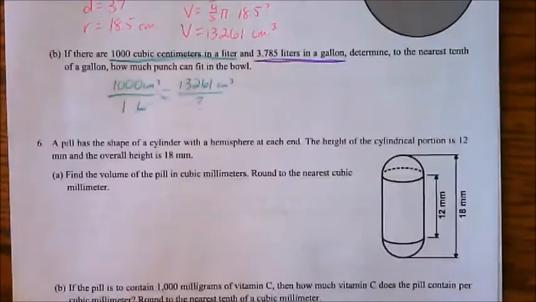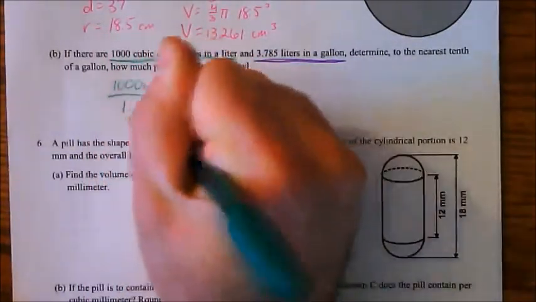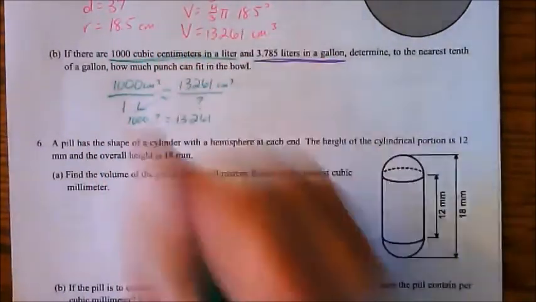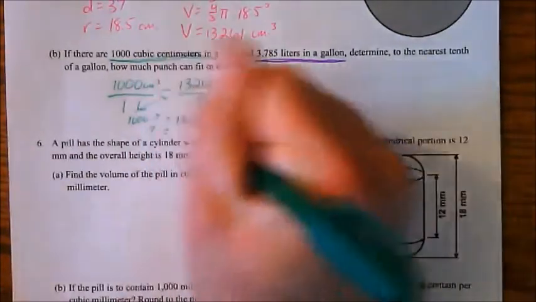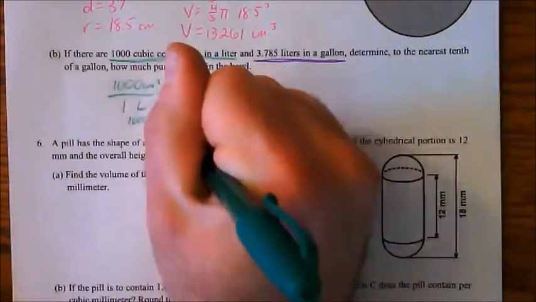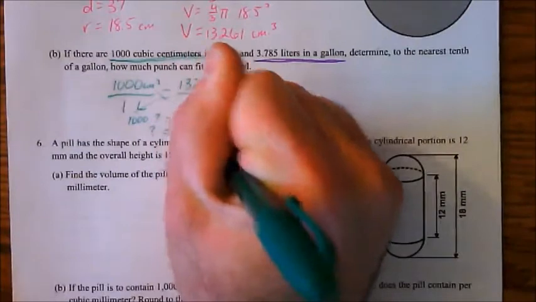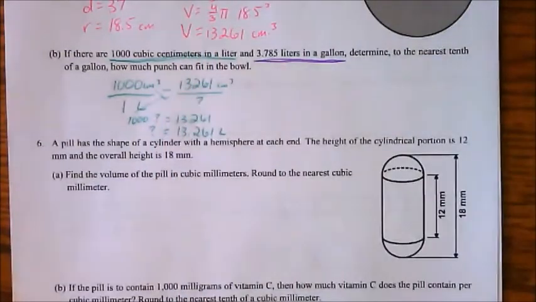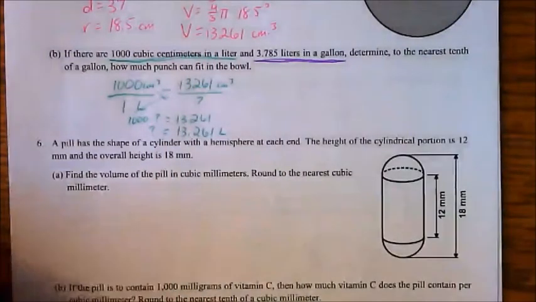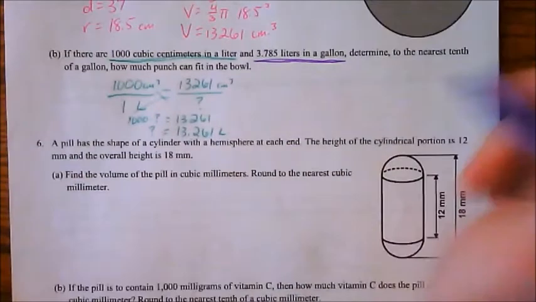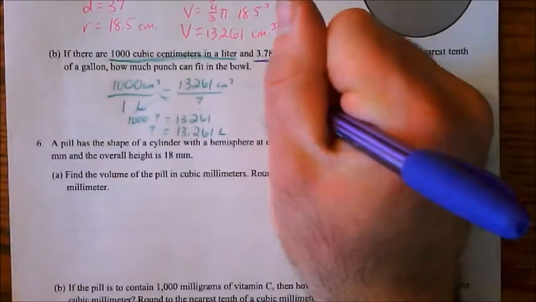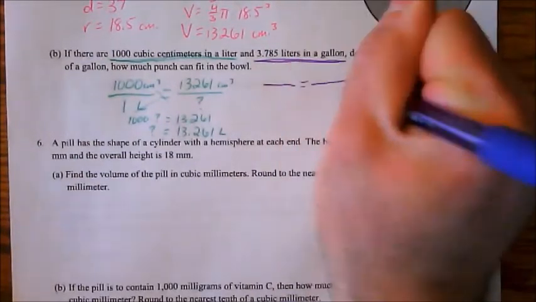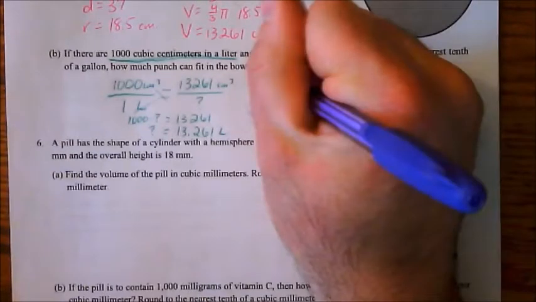Now the thing is, that's for the entire sphere. This is half of that, so we'd have to divide that by 2. Now it says to the nearest cubic centimeter, so the volume would be roughly 13,261 cubic centimeters.